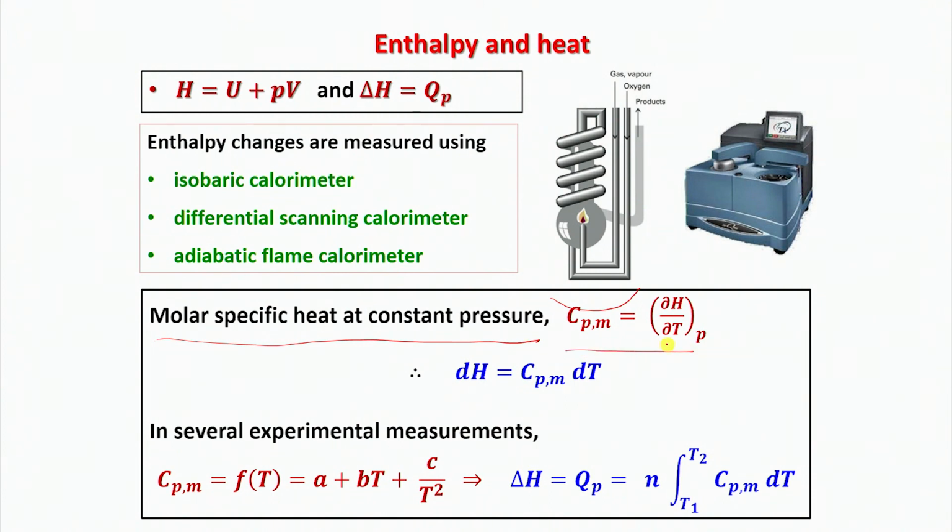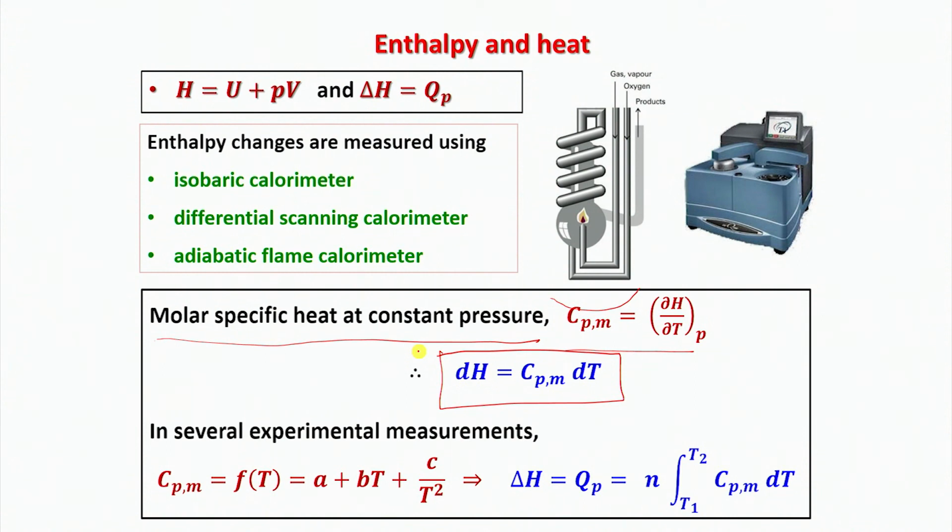Therefore, if I have a constant pressure process, then I will say that for an infinitesimal change in state, dH is going to be Cp molar multiplied by dT. In many cases, especially for complex systems like solids, you find that this molar specific heat is in general a function of temperature.